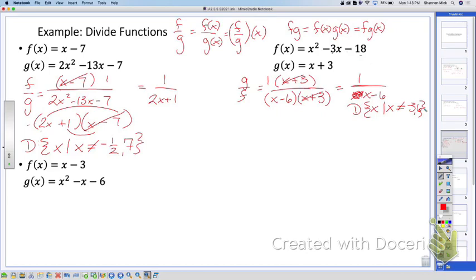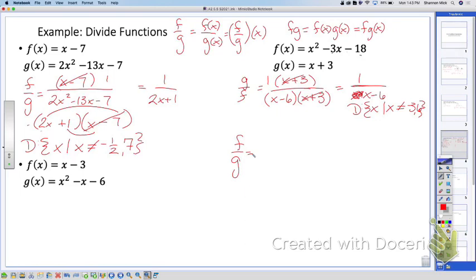Okay, what I want you guys to do is F divided by G and tell me the domain. On the paper, not out your mouth.